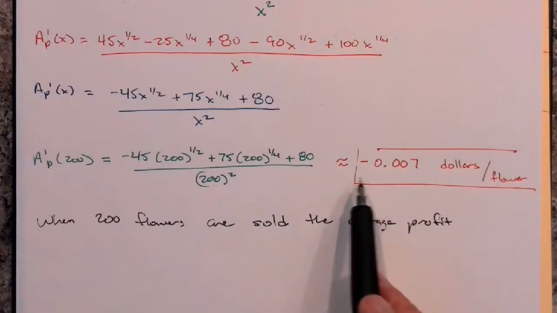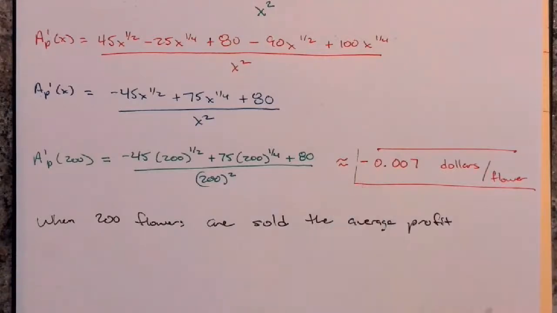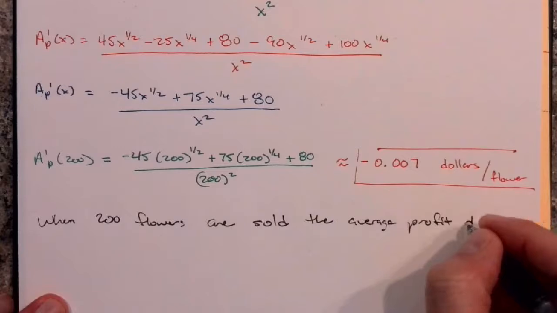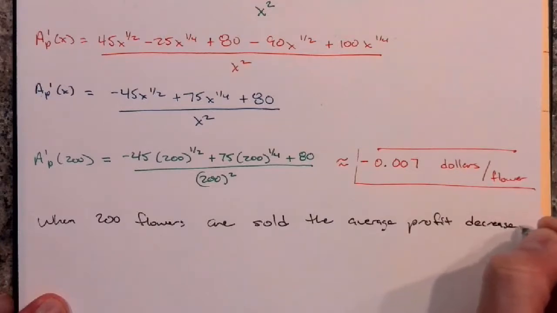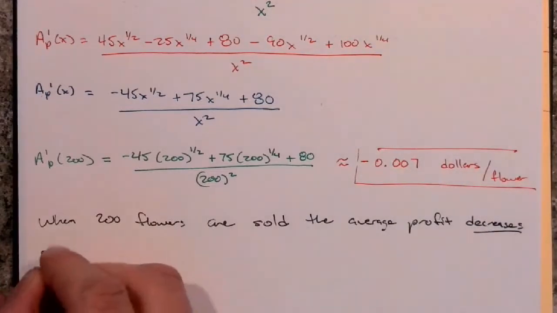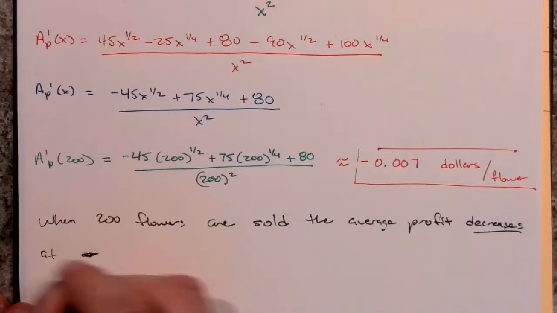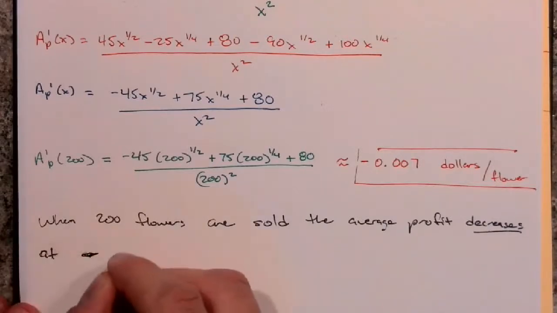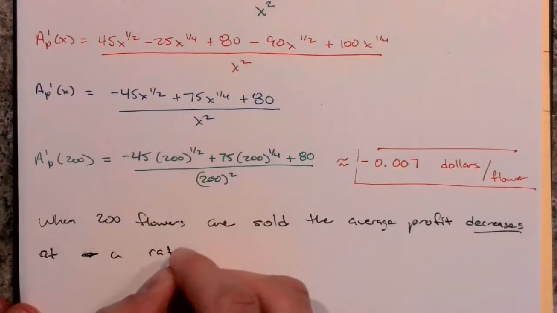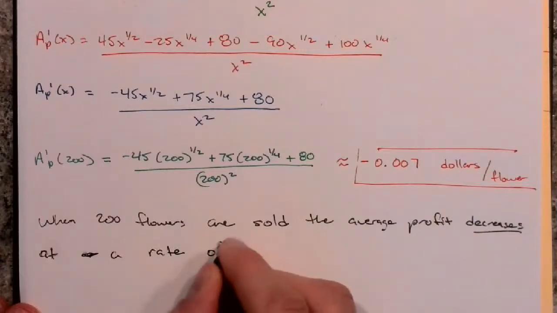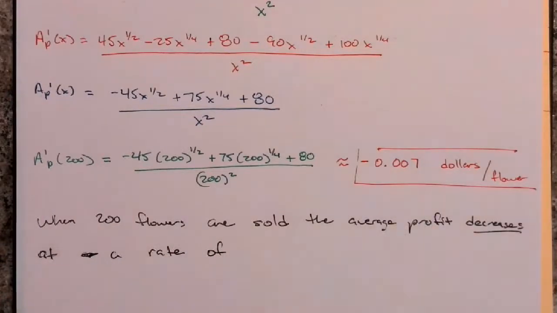It's negative, so the rate's negative, so the average profit is decreasing, so it decreases at a rate of, well, this is $0.007 per flower. You could write it that way.